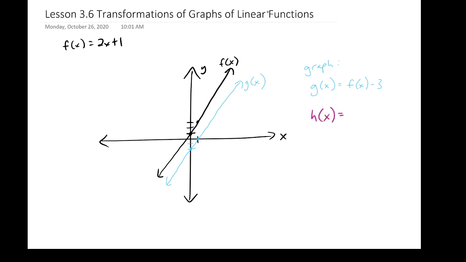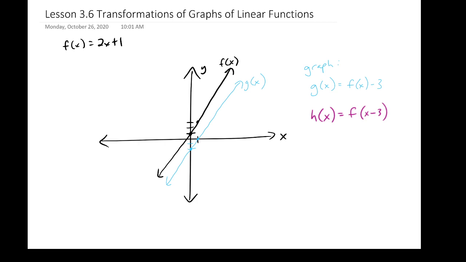So we're going to have the h of x. The h of x in this case is going to be the f of x, but in the parentheses, it's going to be x minus 3. Now, the transformation is a horizontal transformation. It's not going to translate to the left. This is where we're going to get ironic. It's actually going to translate to the right.